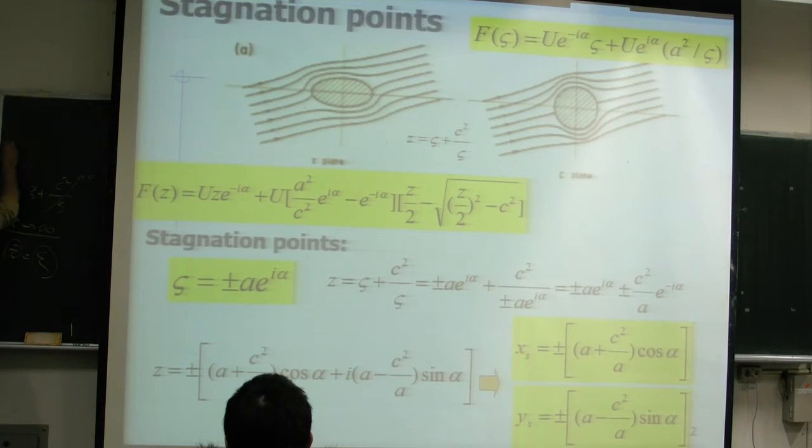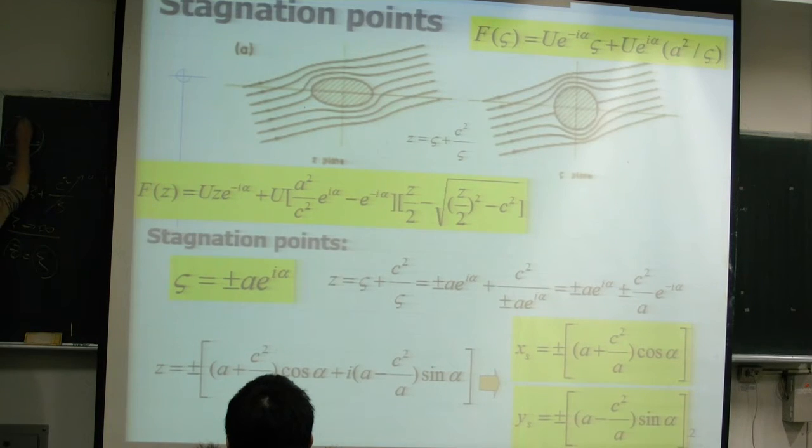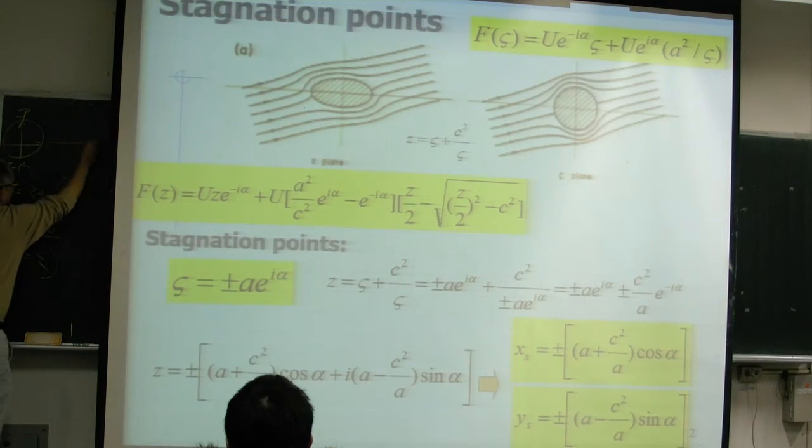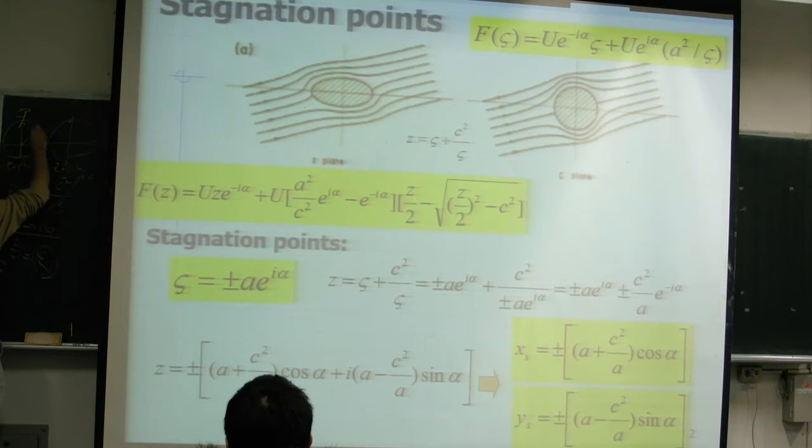If I have a zeta plane and a z plane, I do the large circle circulation in the zeta plane here, and I also do this large circle in the z plane. This is very large, as we can approach infinity.